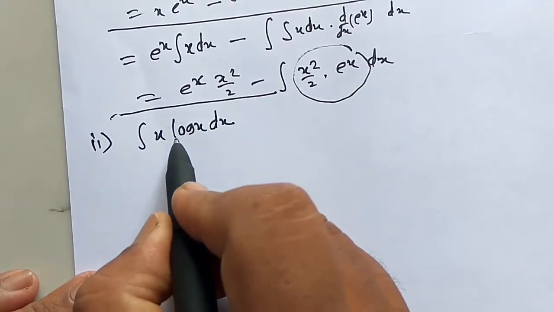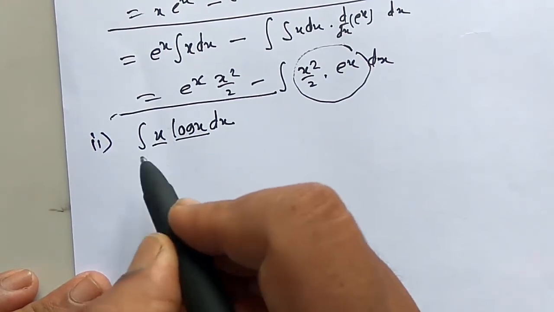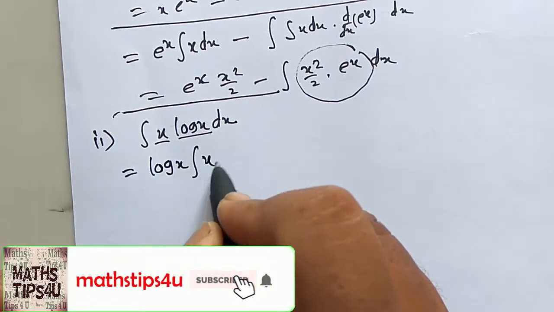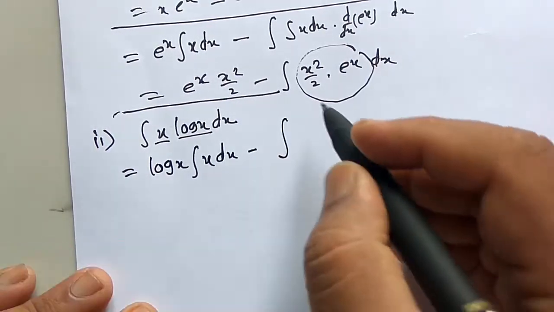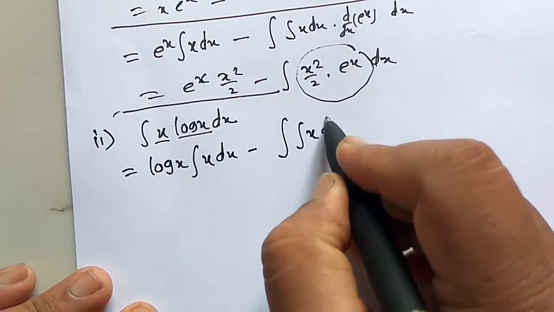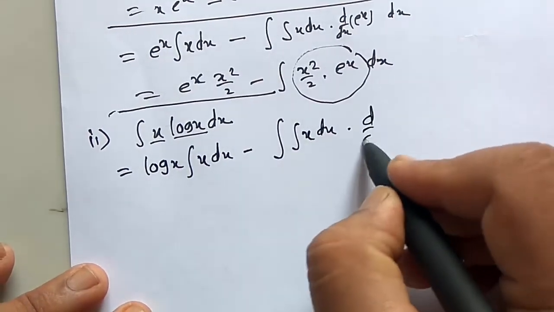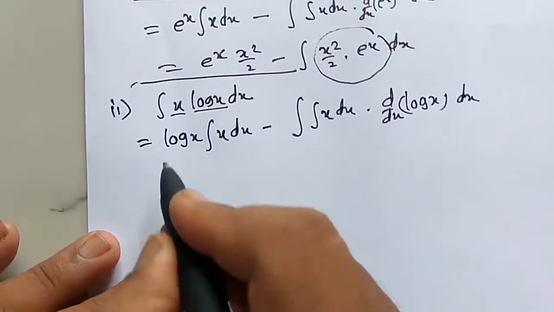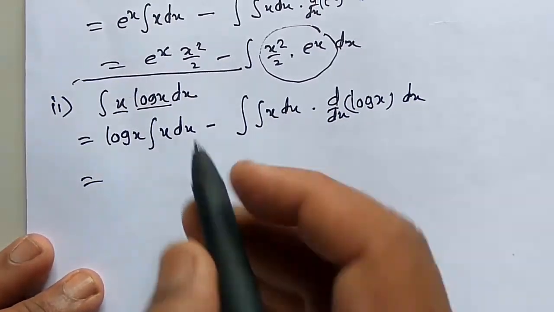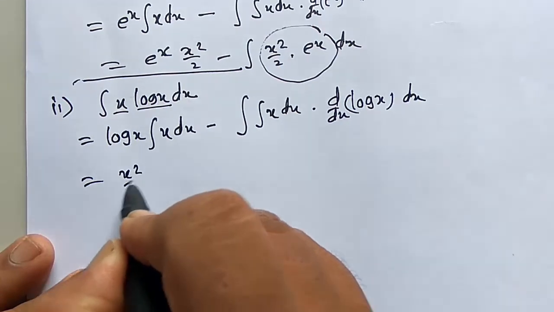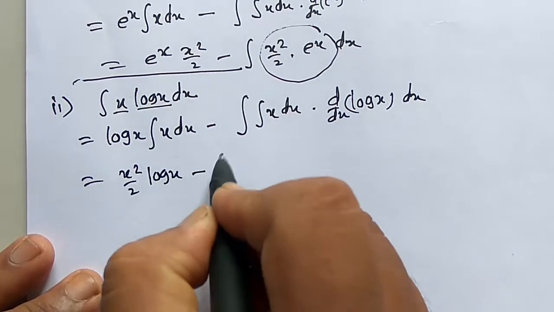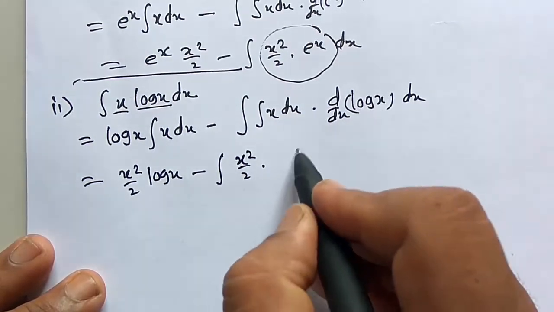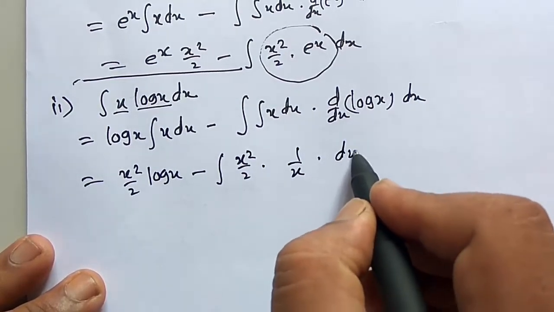So, taking log x as the first function and x as the second function, this is equal to log x integration of x dx minus integration of x dx into derivative of log x, which is equal to x square upon 2 log x minus integration of x square by 2 into derivative of log x, which is 1 upon x, dx.